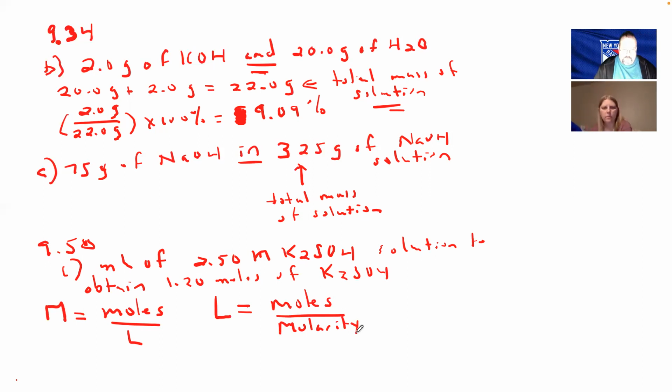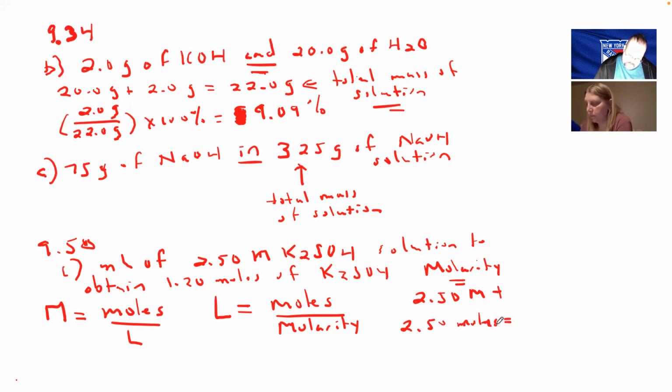That's one way of doing it. The other thing is you could also use molarity as a conversion factor. Because if you have 2.50 molar, you could write that as 2.50 moles being equal to 1 liter.